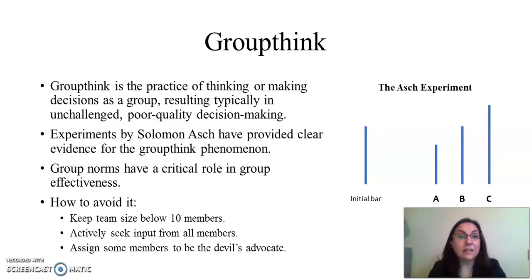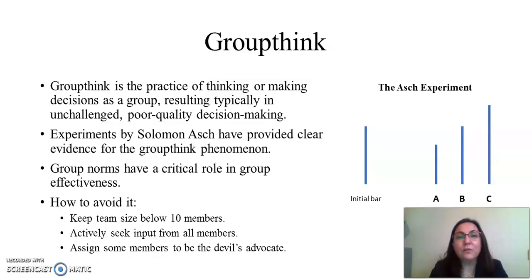Since everybody else in the room is giving the same response, they just are victims of this groupthink phenomenon. So when we reflect this on actual groups in our real lives, we say that the norms that the group forms, the group rules, have a critical role in group effectiveness.